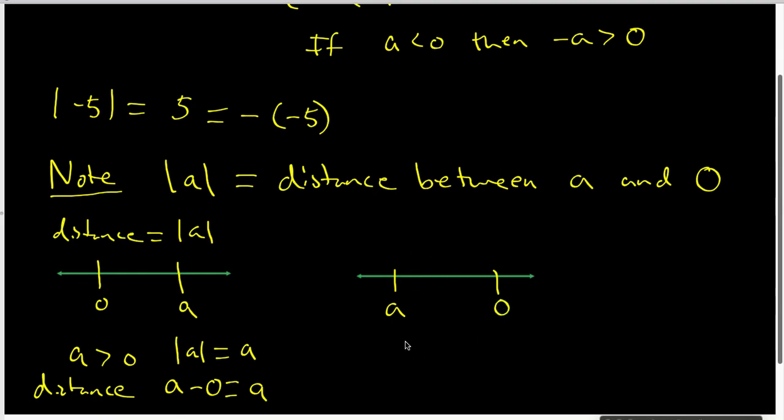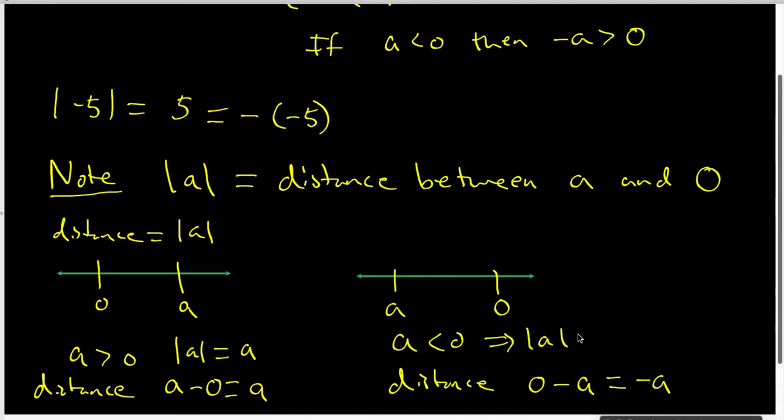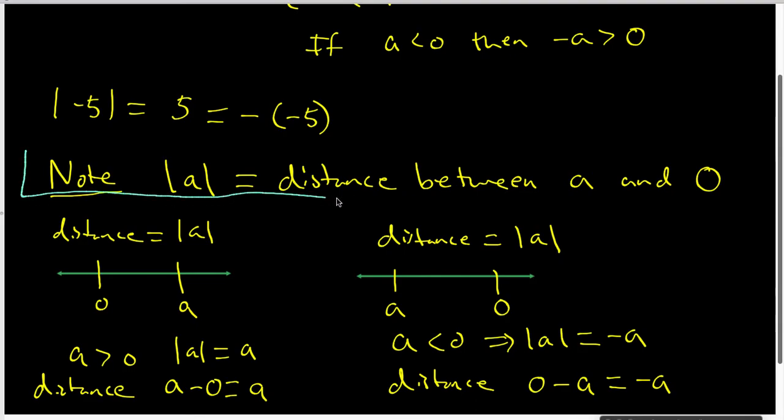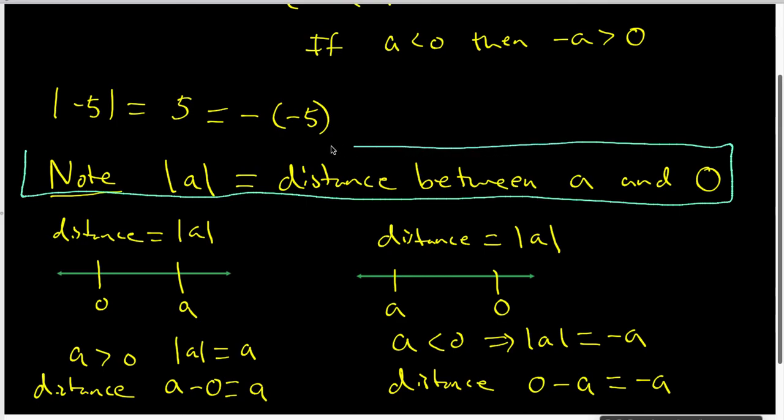In this particular case, A is less than 0, and the distance is going to be the big number 0 minus A. So that's just going to be minus A. But because A is less than 0, the absolute value of A is minus A. And so in this picture too, the distance turns out to be the absolute value of the number A. And it turns out that this particular way of thinking about absolute value, that absolute value gives you the distance between A and 0, is more important than throw away the minus sign.